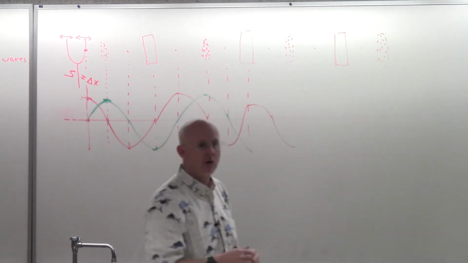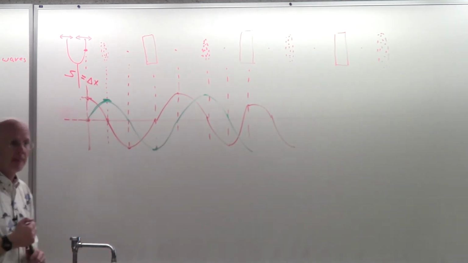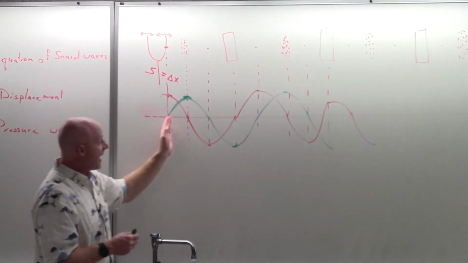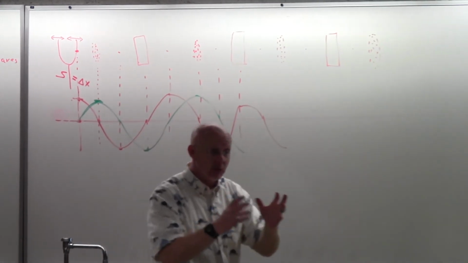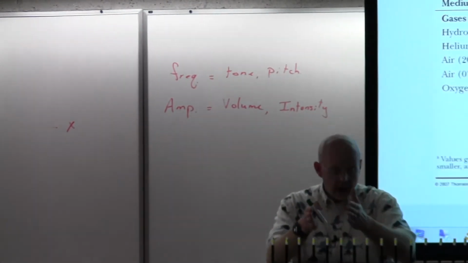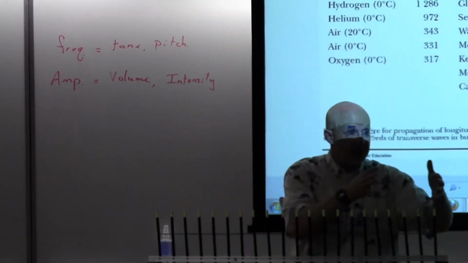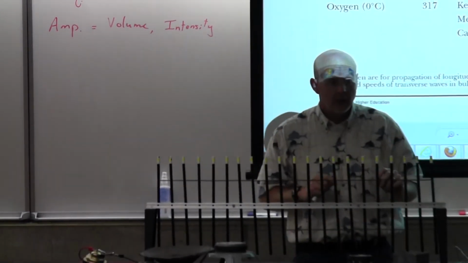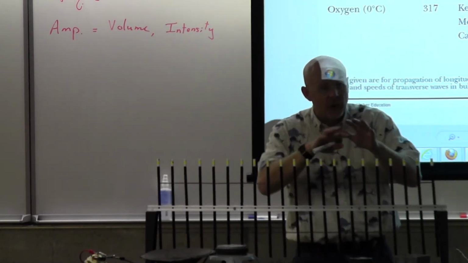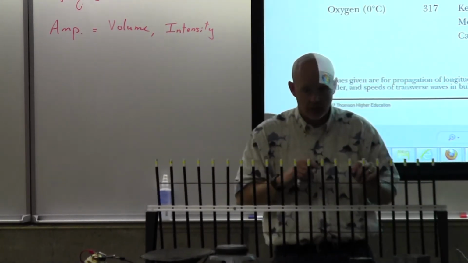Could you explain to me what the X and Y for the displacement graph is again? So the X is probably the easiest one. It is actually the position. X represents the position in space. I like to call it the home base of where this molecule is if there was no sound.